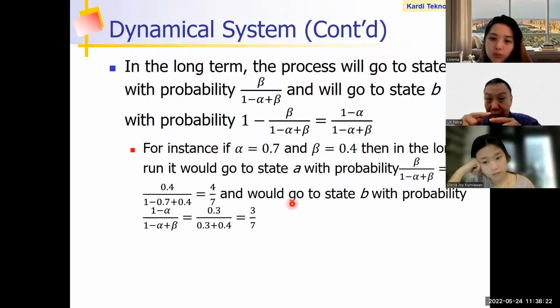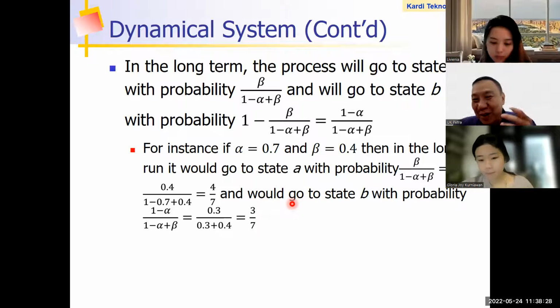Of course, you can predict, for example, today and tomorrow, what the stock market will be. Yes, you can. But in a Markov chain, you can go beyond tomorrow: in the long term, what will be the probability?